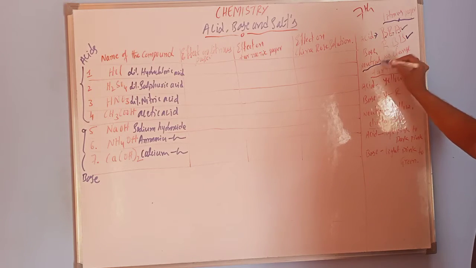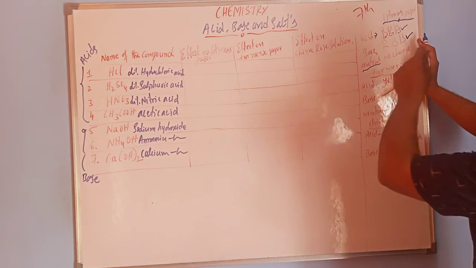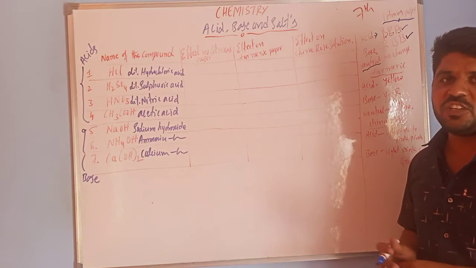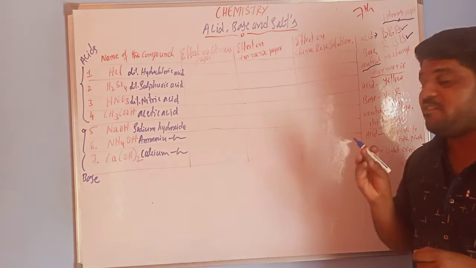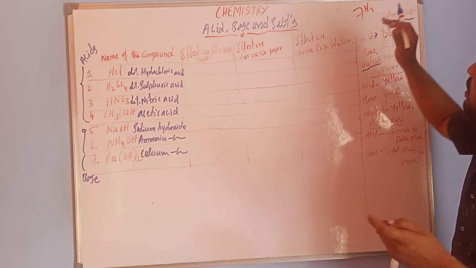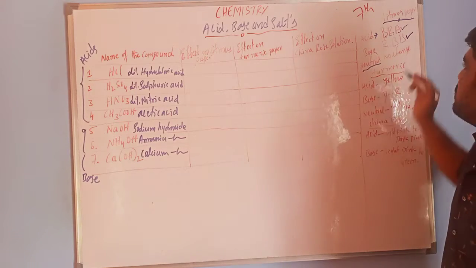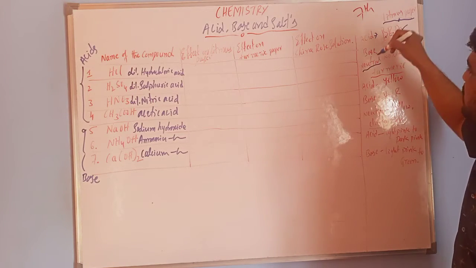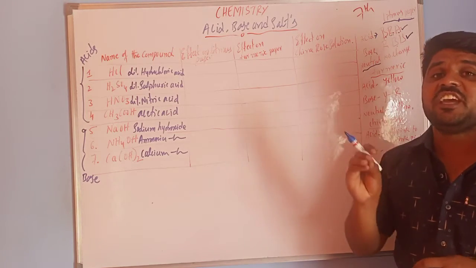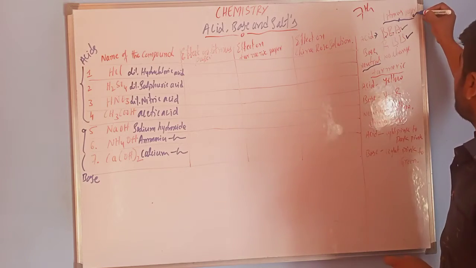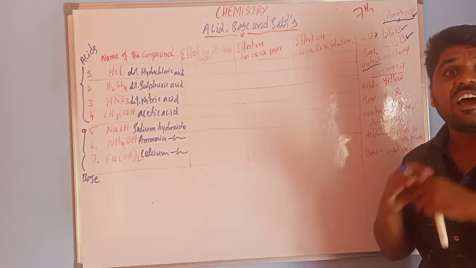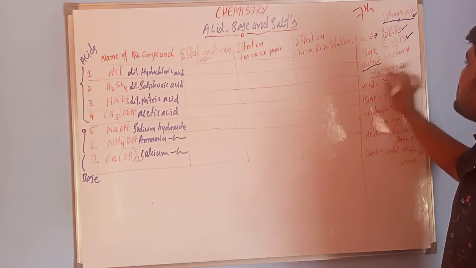Next are neutral solutions. You know acidic solution and basic solution. What are neutral solutions? Neutral solutions are those in which, when you dip blue litmus paper and red litmus paper, there is no change in their color. Neither acidic nor basic, these are neutral solutions.